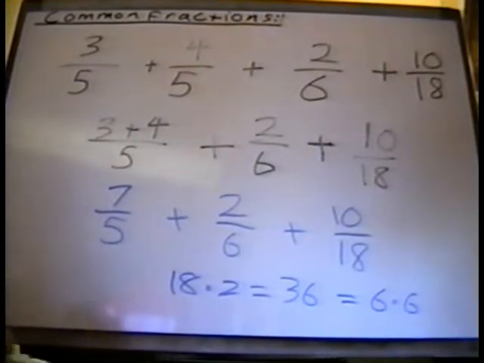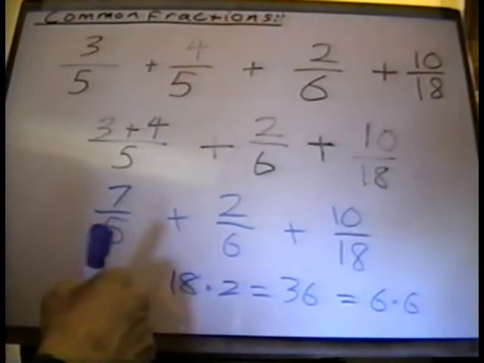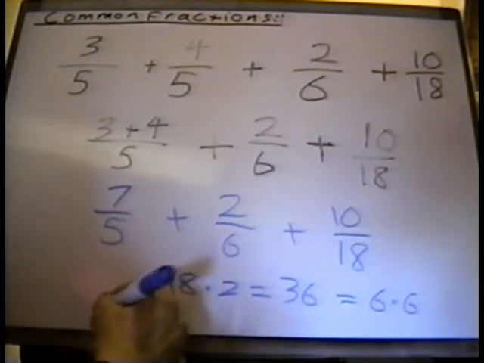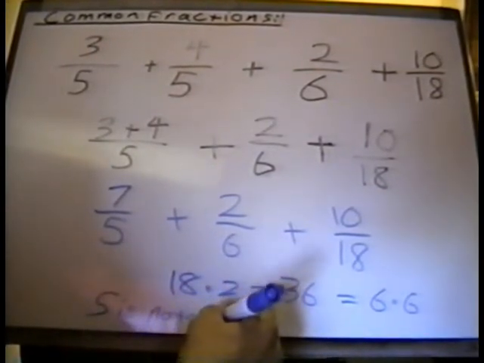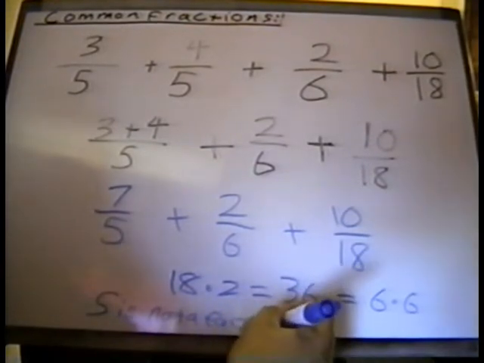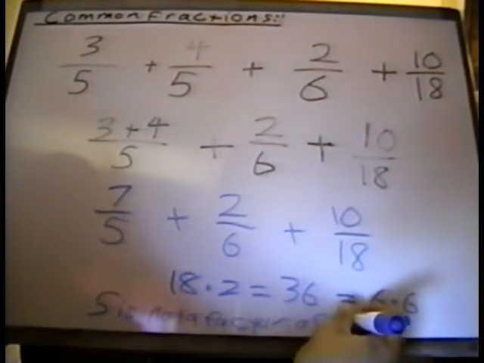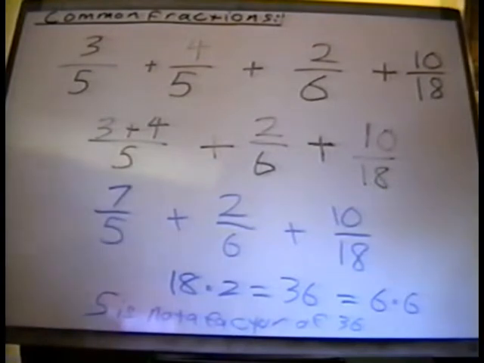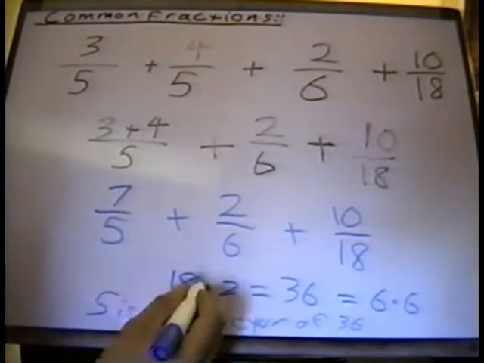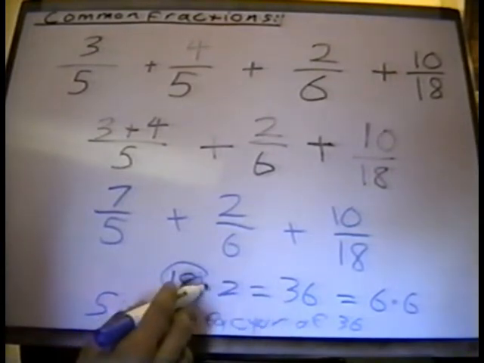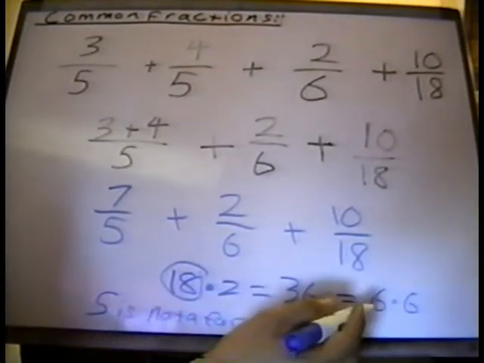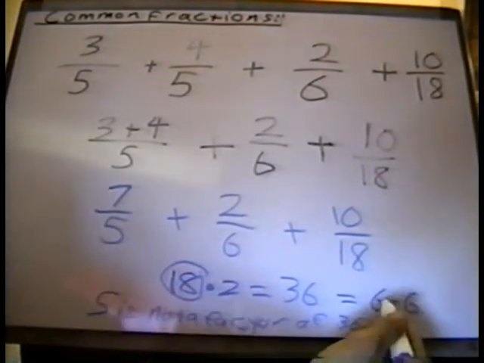But 5 does not divide evenly. 5 is not a factor of 36. So here we know that 18 is a factor of 36 in that you can multiply it by 2. 6 is a factor of 36 if you square it.